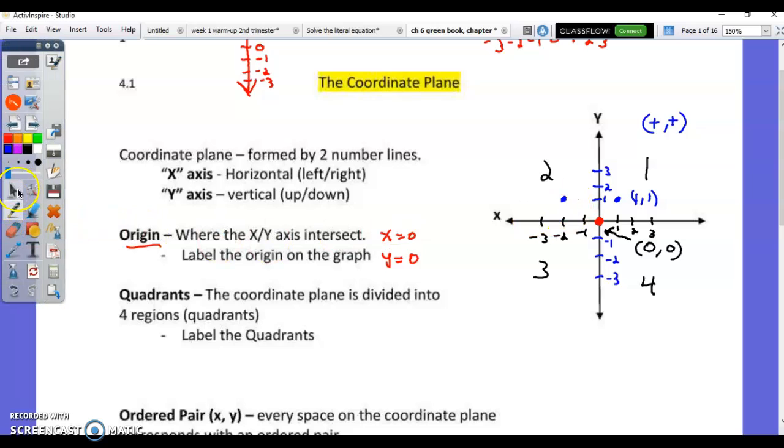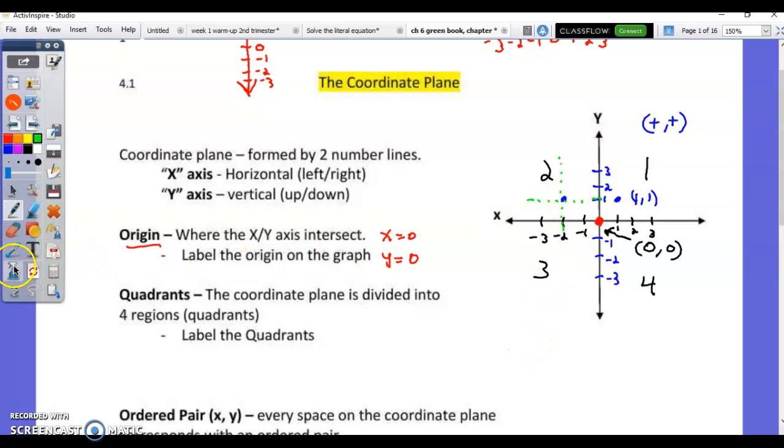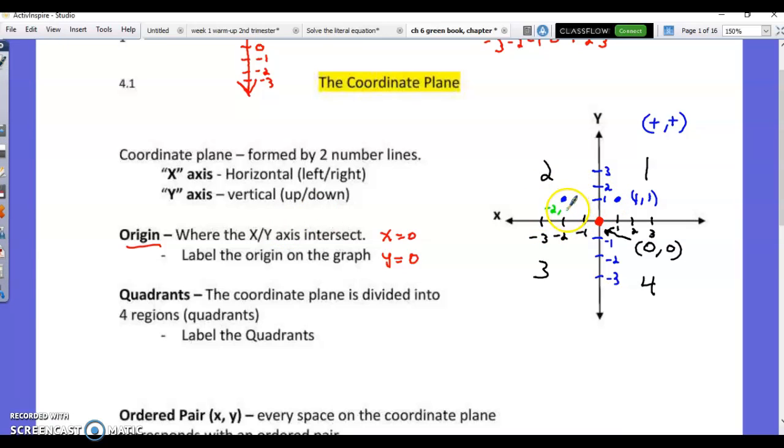If you look at where these two intersect in this space, that is our point on the coordinate plane. So we can label this one, and again we're labeling our x first. So this would be -2, comma, 1. What you notice here is in this quadrant, any negative x and positive y would be there.